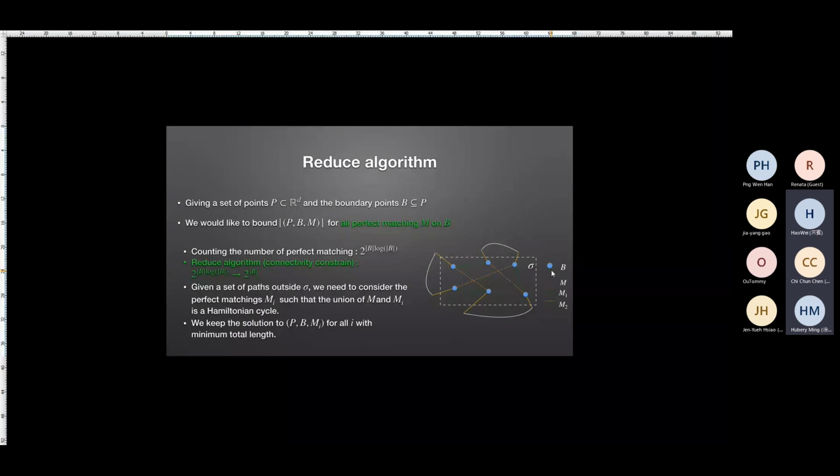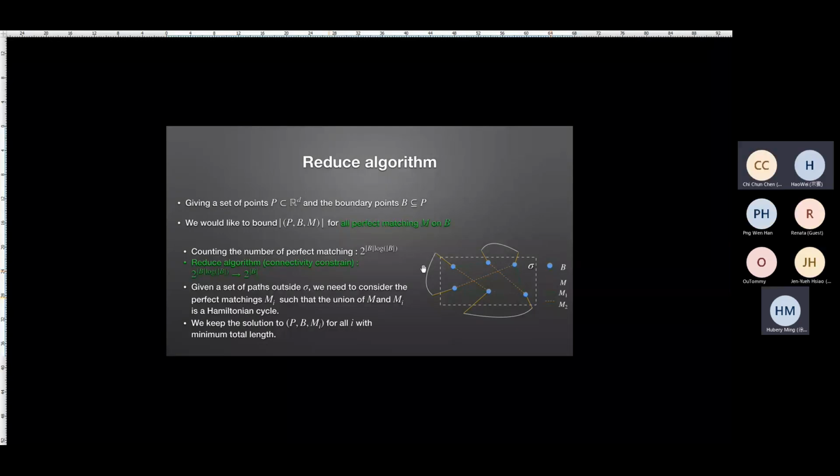And for the paths inside the separator, we would like to find the perfect matching that we denote by Mi, such that the union of N and Mi forms a Hamiltonian cycle.